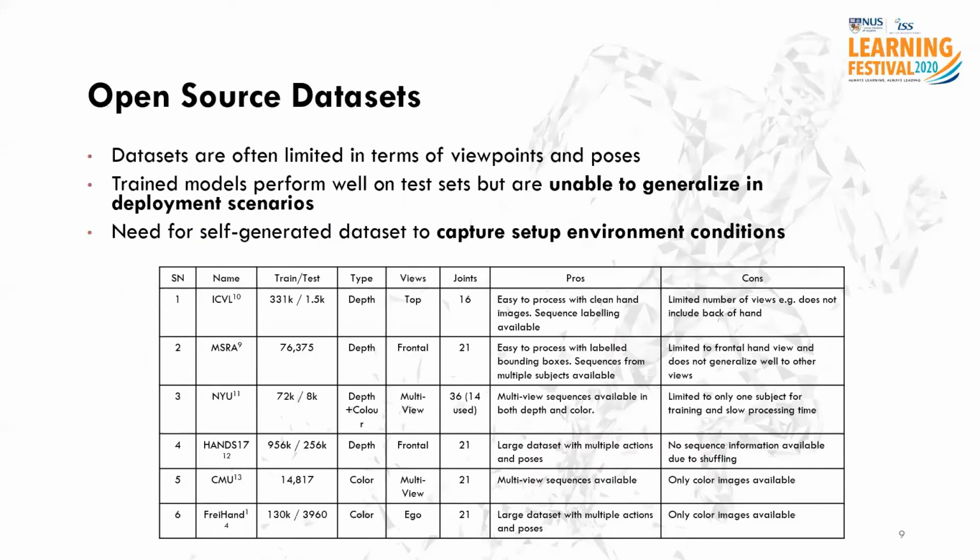In terms of open source datasets, most of them are fairly large in size, but are also limited in terms of the viewpoints and hand poses, as you can see from the table below. We also noted that the trained models perform well on testing sets, but also lack the ability to generalize in a real-time environment.